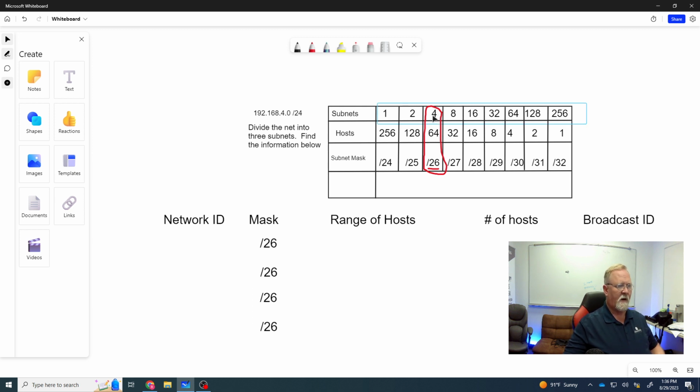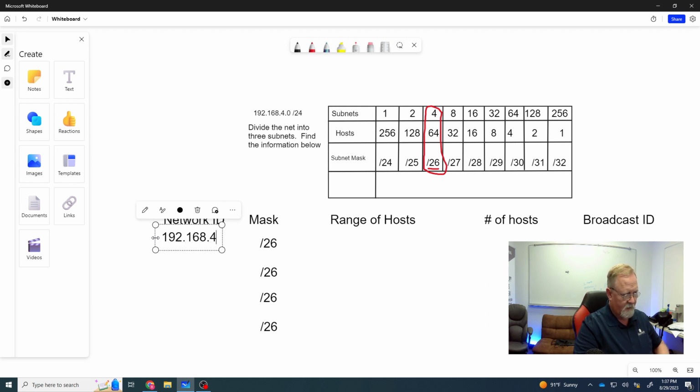Now, where to start? The network ID for our new first subnet is going to be the network ID of our original subnet. This is going to be the lowest possible IP address available to the whole group. That's going to make it the lowest possible IP address available to the first original subnet. So we're going to go ahead and make that our new network ID.